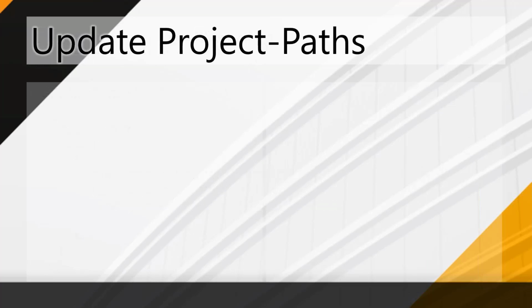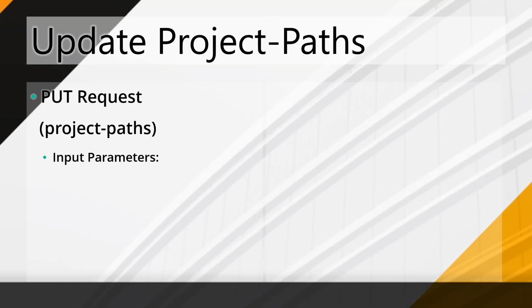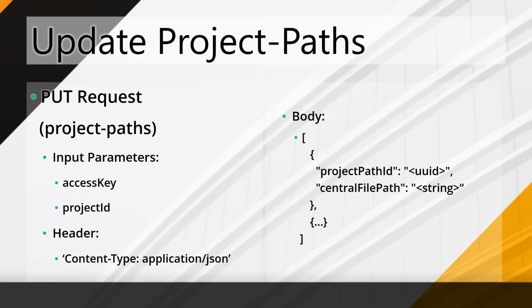Then the update response, or the update path here for project paths, is similar. It's a PUT request, in this case for project paths. You are going to have input parameters of your access key and the project ID that you're going to be associating all of the paths to, the header as content type, and then you're also going to be including a body. And that body is the project path ID.